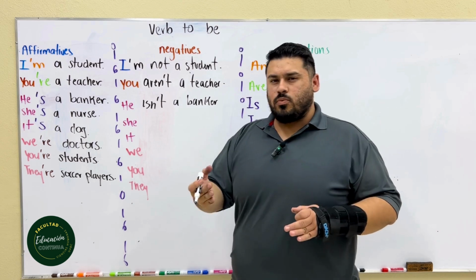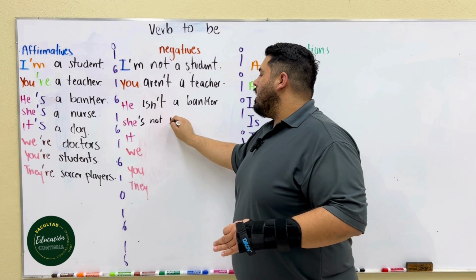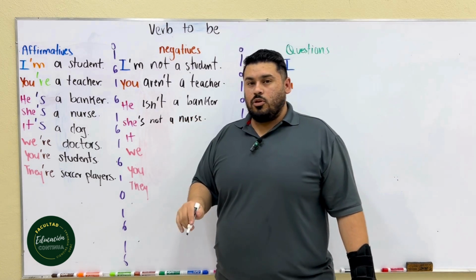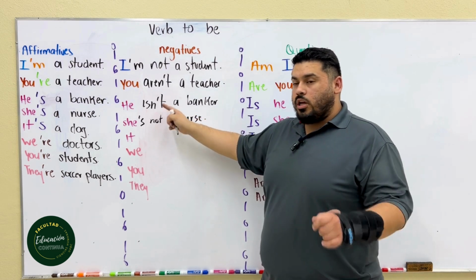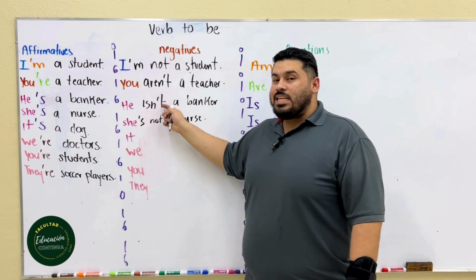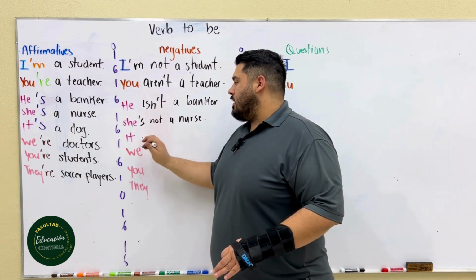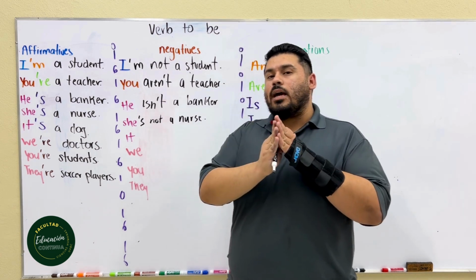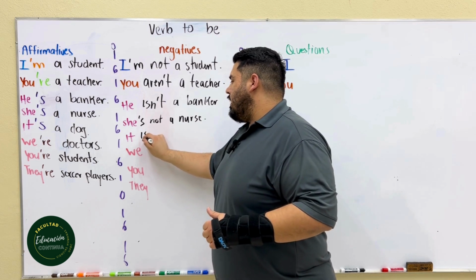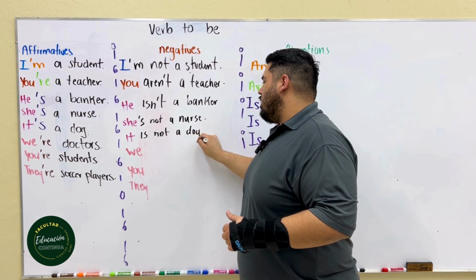But it's another way to write it down. She's not a nurse, okay? It's the same. You can use isn't or you can use not. She's not, she isn't, it's going to be the same, right? So, in this situation, if you want to write that complete sentence, it's a good way too. It is not a dog.